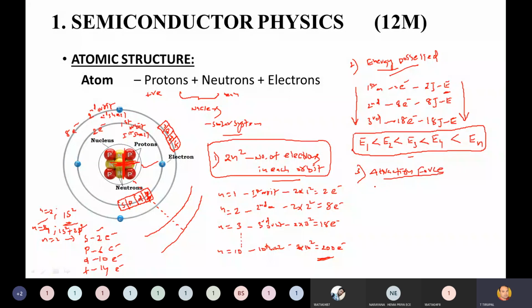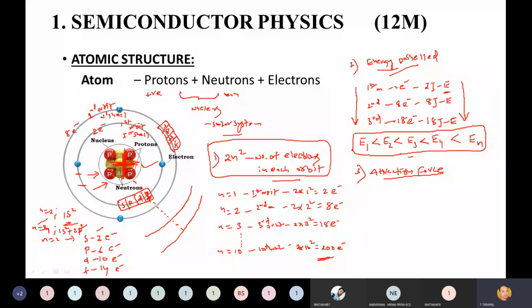The nucleus is a positively charged particle, and all electrons are negatively charged particles. They are attracted towards the nucleus and revolve around it. So what is the attraction force of the first orbit? It is very high, because it is very strong, as it is present very near to the nucleus.